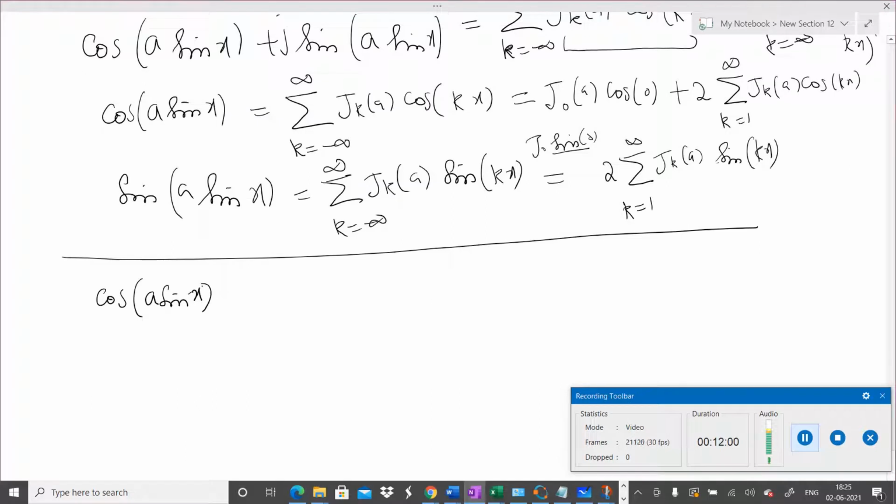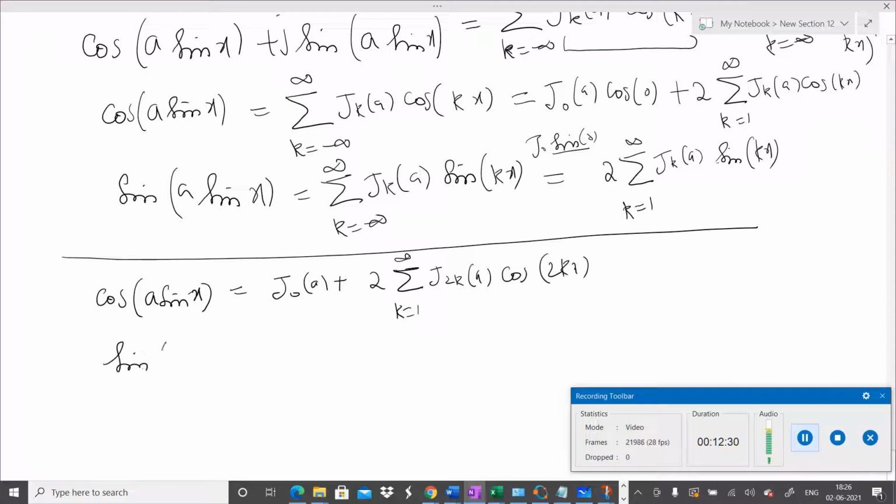By exploiting two properties, that cos is an even function and that Bessel functions have properties with respect to k being even or odd, cos is expressed as J_0 of a plus 2 times the sum for k equal to 1 to infinity of J_2k. Here only the Bessel functions with even index enter, with cos of 2kx.